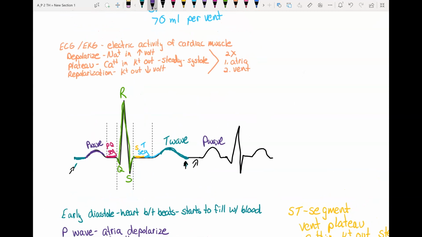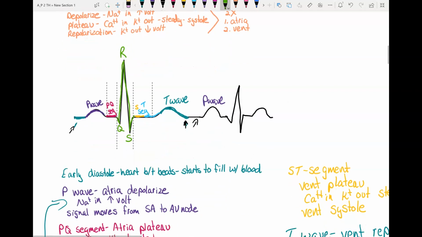We have it once for the atria, a second time for the ventricles. So you might be noticing something missing. If I said we're going through these three steps, so we have atria depolarize at the P wave, plateau at the PQ segment. Then we jump up to the QRS complex with the ventricles depolarizing. We skipped atria repolarizing.